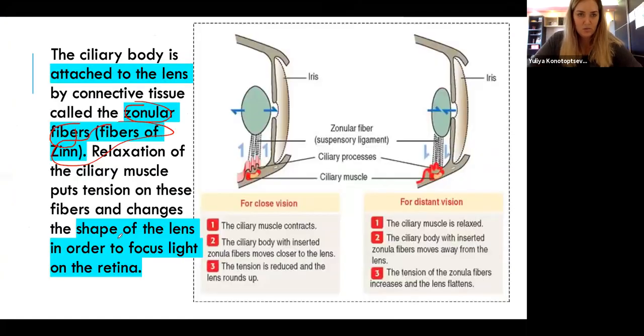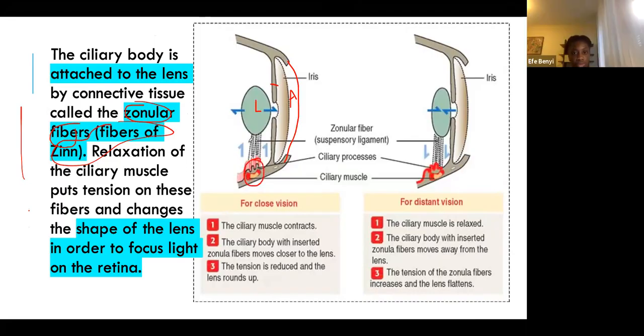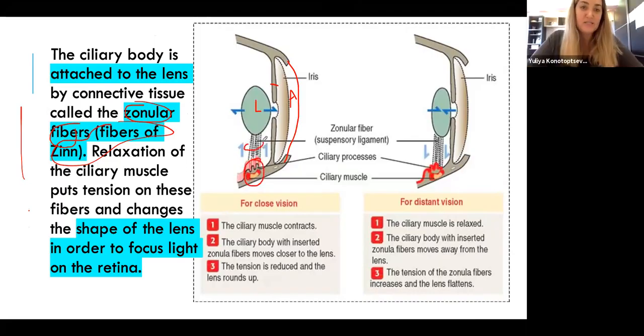Okay, let's talk about this part. For sure, you're going to see a question on this. So a little bit of anatomy again. This is the cornea. This is the anterior chamber. This is the iris. This is the lens. This is the ciliary body. These are the suspensory ligaments which attach to the lens. We said that the ciliary body consists of the processes, the epithelial processes at the top, and the muscle itself.